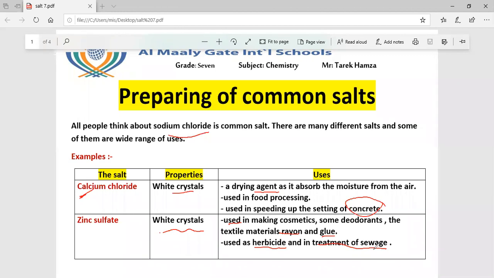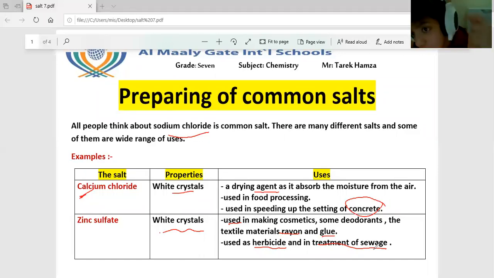Does anyone have a question? Please raise your hand. Yes, Roba. Mister, what is herbicide? Please raise your voice. I asked, what is herbicide? I don't hear anything. Please raise your voice.